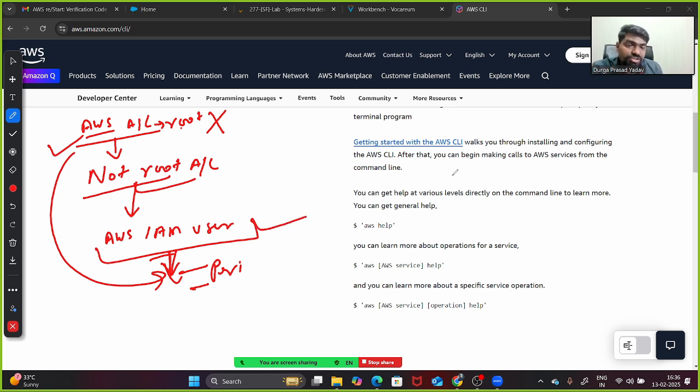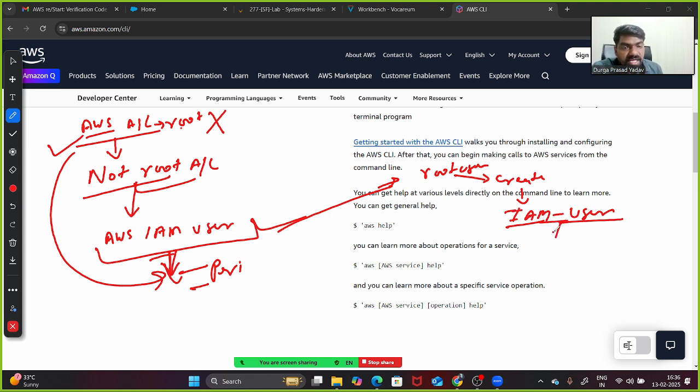So once you, as the root user, create one IAM user, which you will learn in detail in the next class, you will assign one username and password to this user while creating it.